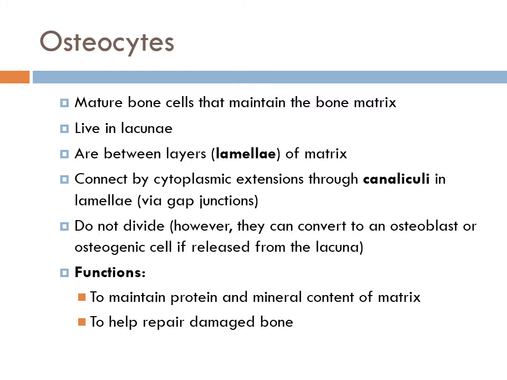So osteoblasts and osteocytes can differentiate into one another depending on if they are surrounded by bone or released from their bony encasement. Functions of osteocytes are to maintain the protein and mineral content of the matrix and help repair damaged bone. So the osteoblasts build the bone, and then the osteocytes maintain the bone.